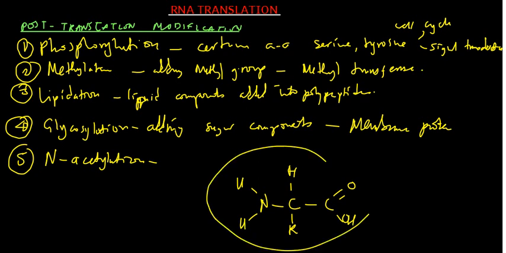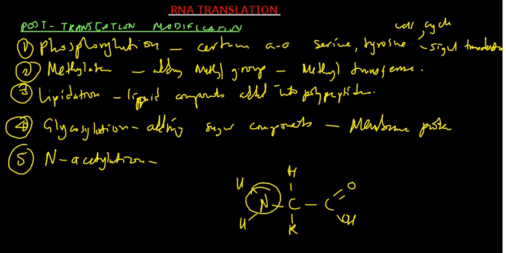So this is the basic structure of an amino acid. And when we add an acetyl group onto the nitrogen on an amino acid, so I've got a nitrogen there, what we are doing is performing N-acetylation. That is why it is called N, because it is on a nitrogen.